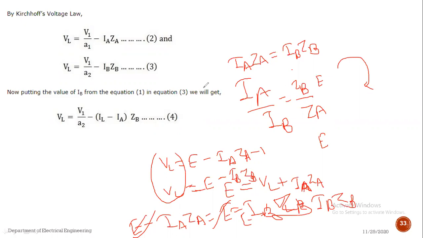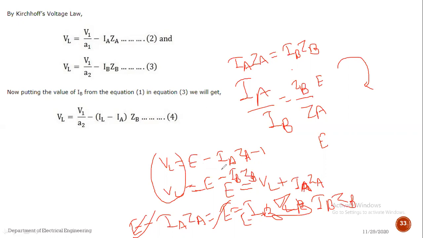Okay, now IA is equal to what? IA equals IB into ZB divided by ZA.